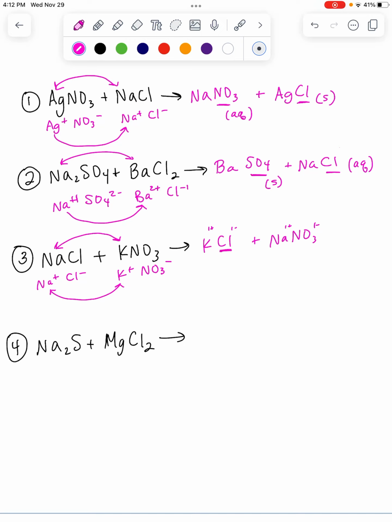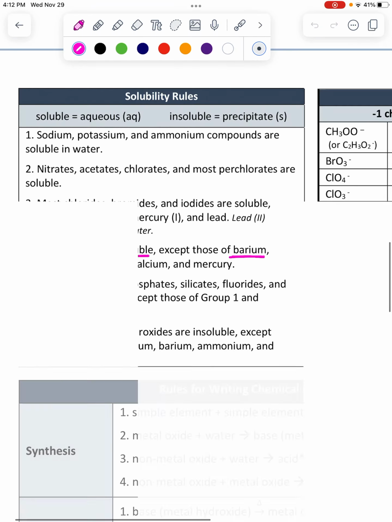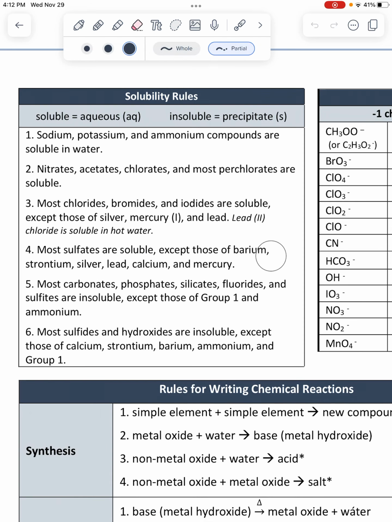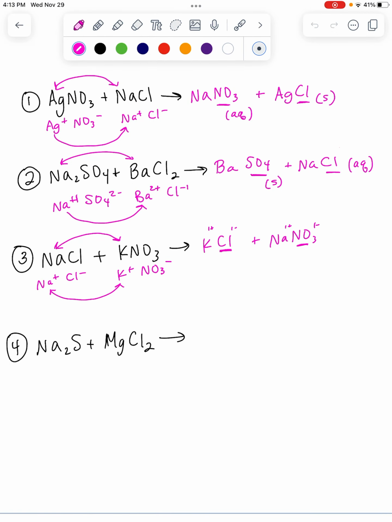So this is a potassium chloride and a sodium nitrate. So potassium and sodium compounds, right? These fall under my first two rules. They're always soluble. So on my answer sheet, I'm going to put AQ, because they're both soluble.